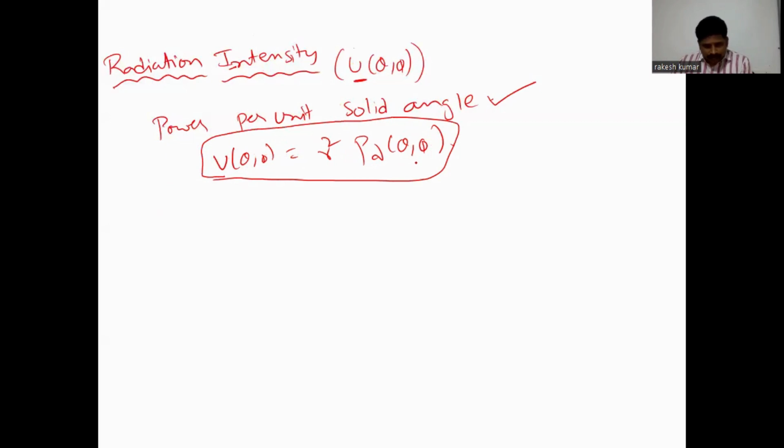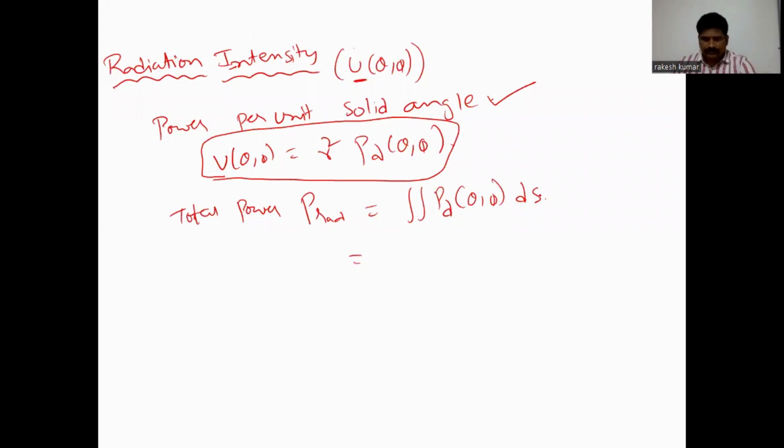Now let us bring the relationship between average radiation intensity and general radiation intensity. We know the formula for the total power radiated is equal to the integral of PD of theta comma phi into ds.